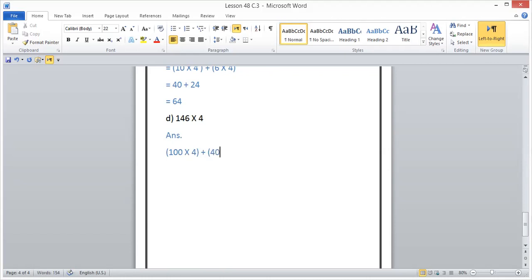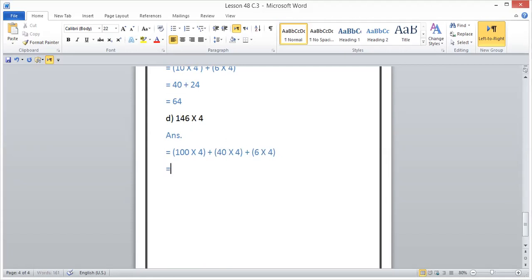The value of 4 is 40 multiplied by 4, plus what is the value of 6? The value of 6 is 6 multiplied by 4. This is how I have made the partition: 100 by 4, 40 by 4, 6 by 4.